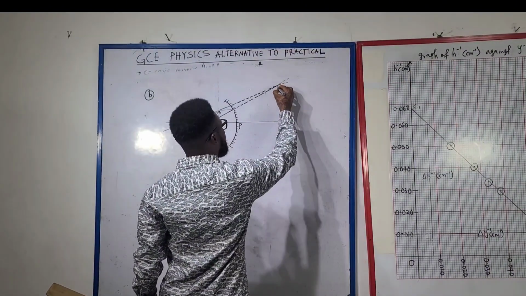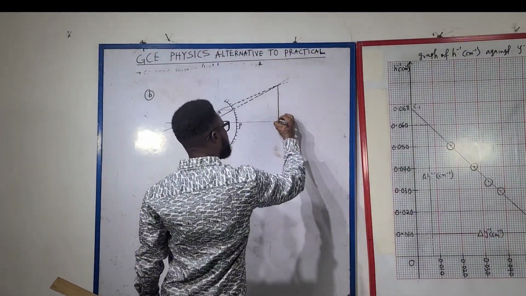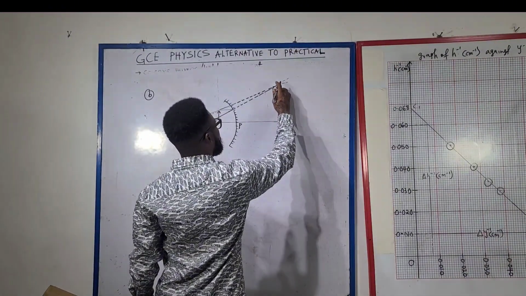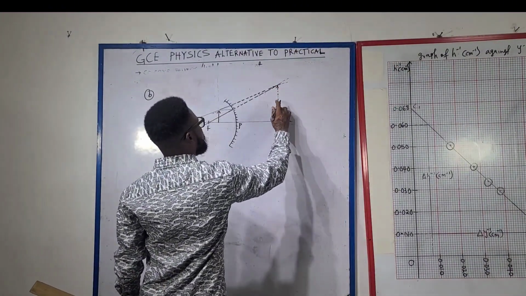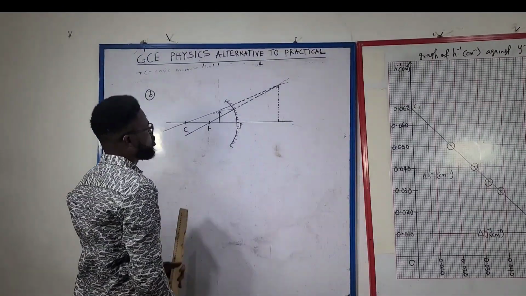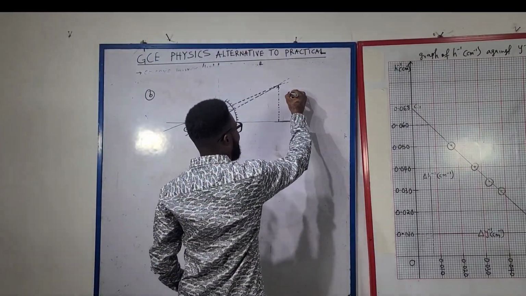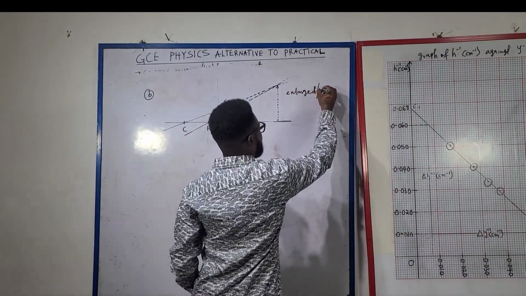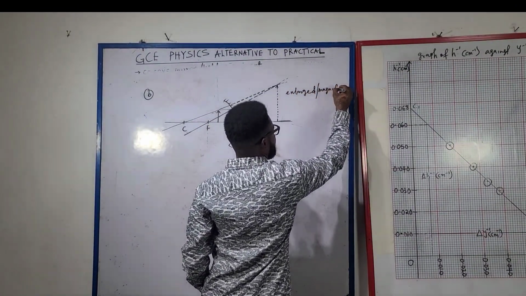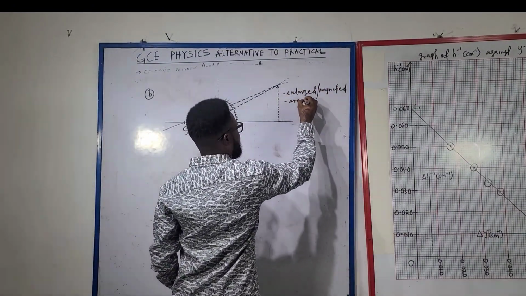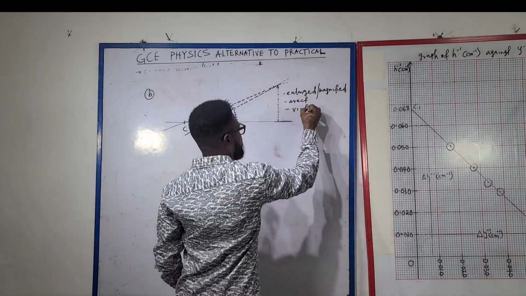So you can see that it is standing erect. Let me make it extrapolated as well. This is my image. So this is enlarged or magnified. It is erect, and very importantly, it is virtual.